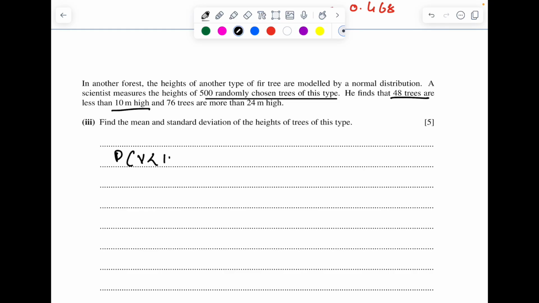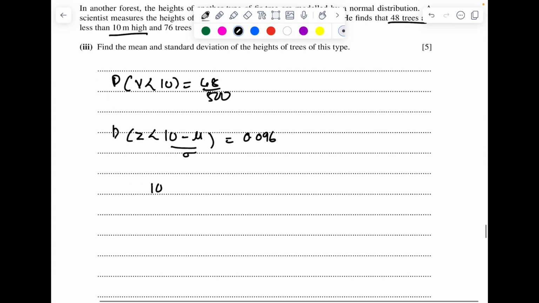Probability of x less than 10 equals 48 upon 500. So probability of z less than (10 minus mu) by sigma equals 0.096. So 10 minus mu by sigma, this value is not in the table.